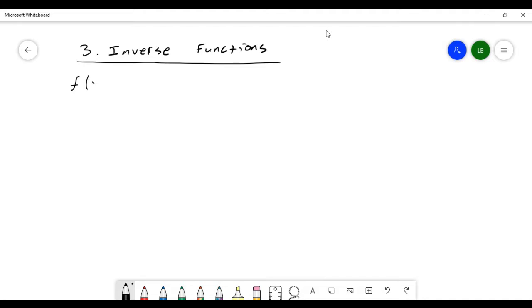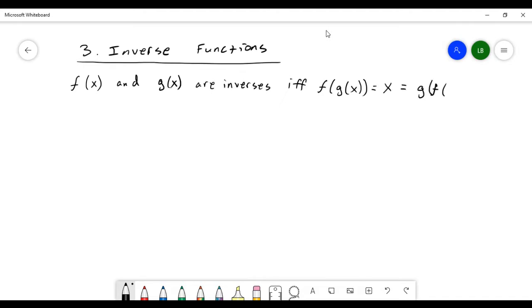That is, f of x and g of x are inverses if and only if f of g of x equals x, and that is also equal to g of f of x. So basically, no matter what value you plug in to f of g of x, you'll get that same value back out.